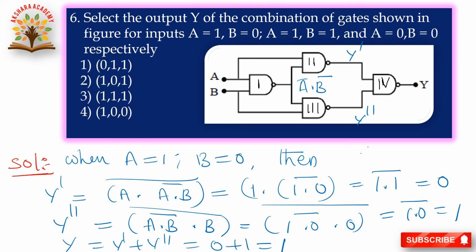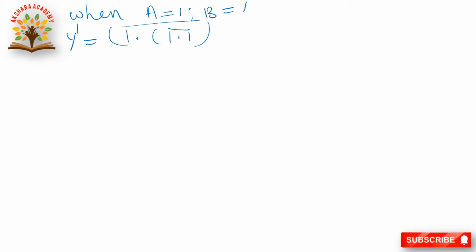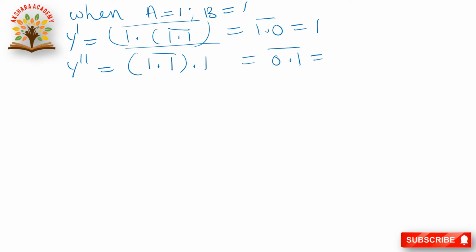Next situation, when A is equal to 1, B is equal to 1, Y dash is equal to 1 dot 1 bar, that is equal to 1 dot 0, which is equal to 1. Y double dash is equal to 1 dot 1 bar dot 1 bar, that is equal to 0 dot 1, which is equal to 1.